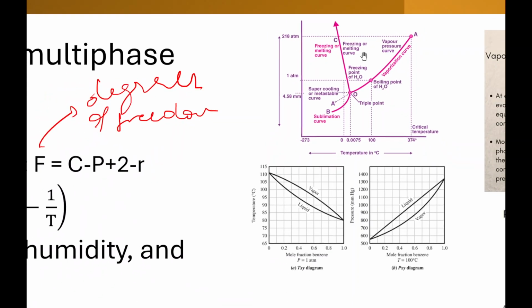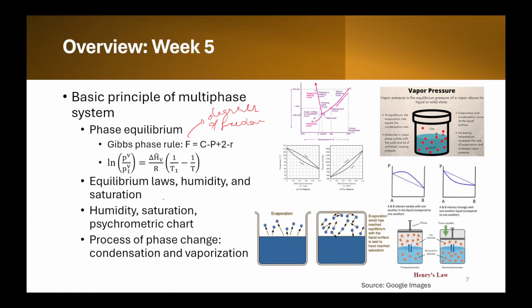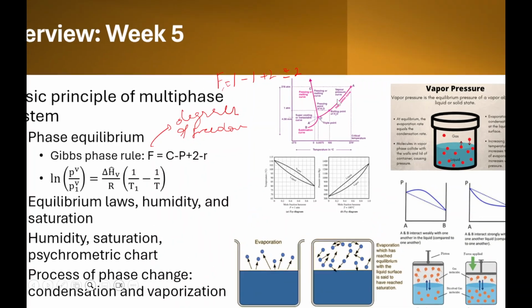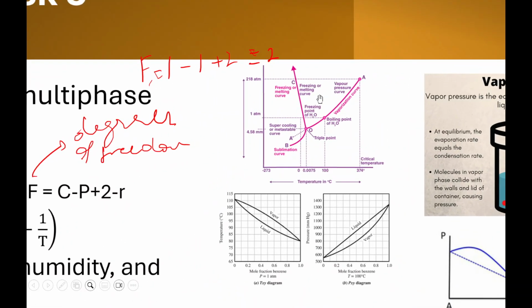So the degree of freedom will be: F is one component, one phase plus two, there is no reaction. So basically 2 degrees of freedom, so you need two process variables to be fixed. Here you need to fix the temperature and pressure so as to define your system.